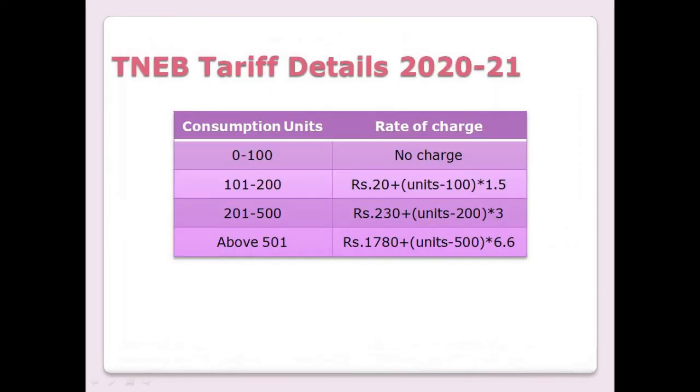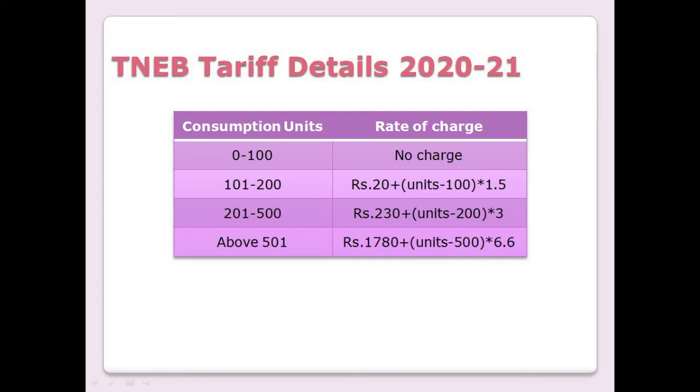And that is Rs 1780 plus (units minus 500) into 6.6. So guys, I think this tabular form will be more convenient for us to calculate the EB bill easily. Okay, now by using this tabular column, let us write the C program to calculate the EB consumption charge.